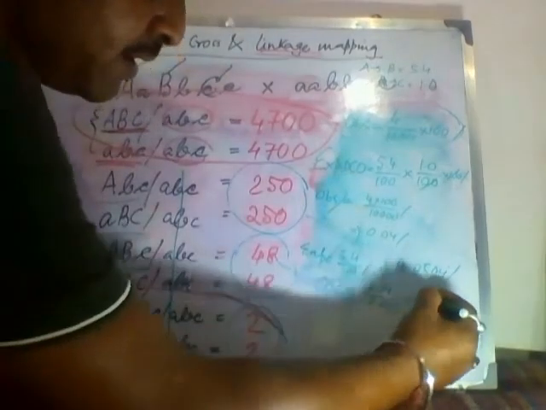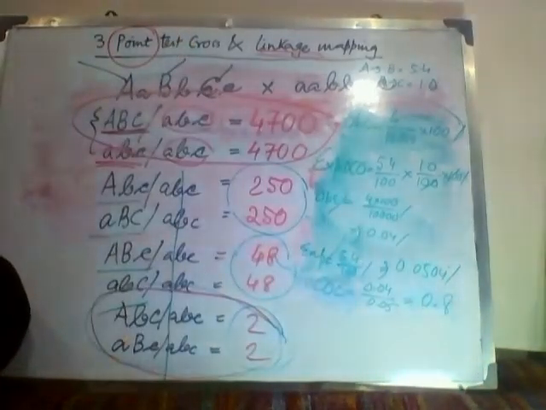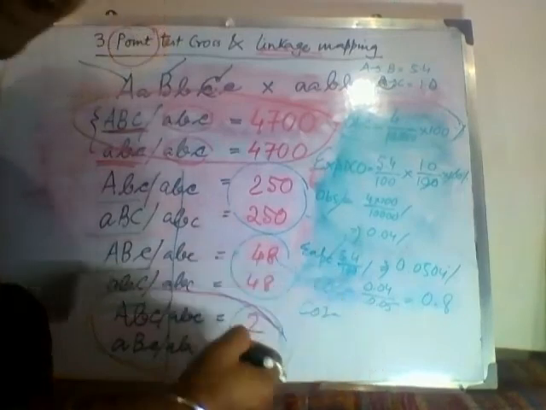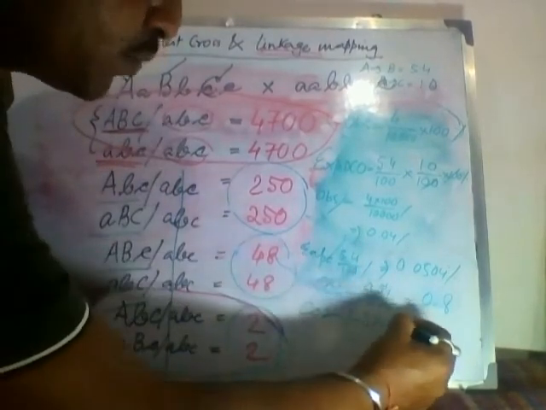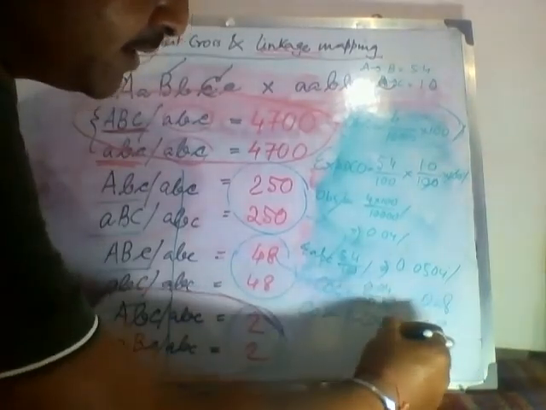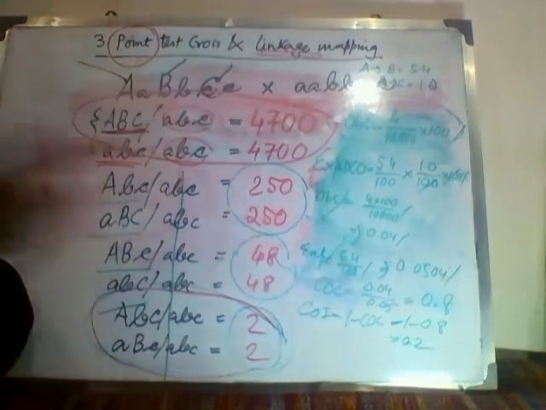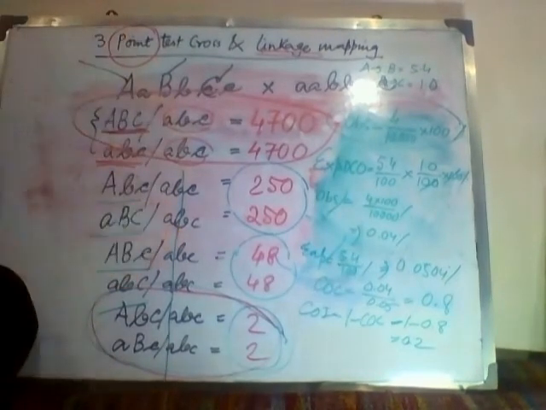So this comes to 0.8, right? So what is COI, the coefficient of interference? How much interference is there? 1 minus COC means 1 minus 0.8 equals 0.2, right? So this much you will have to deduce from this 3-point test cross and linkage mapping data.